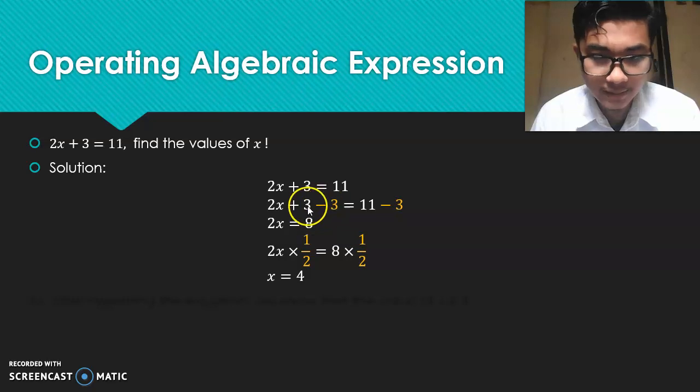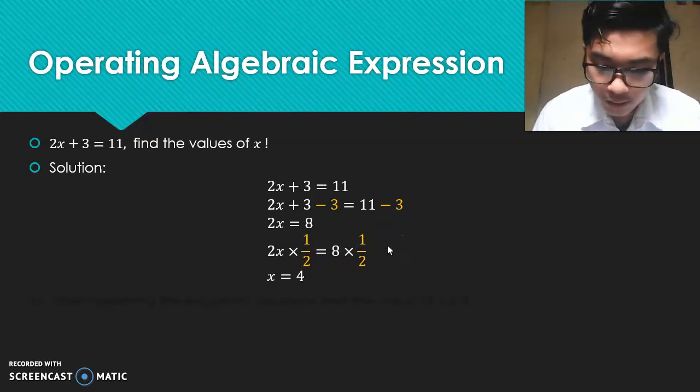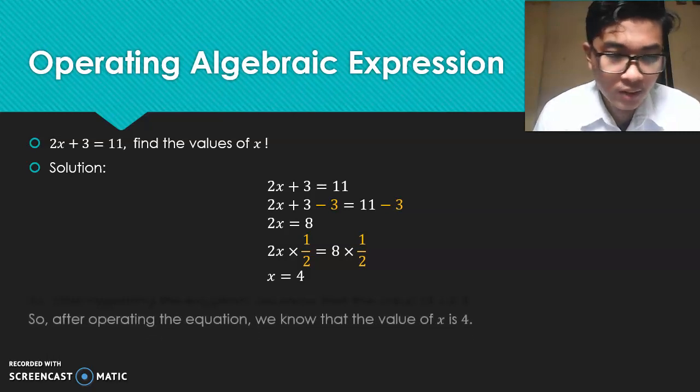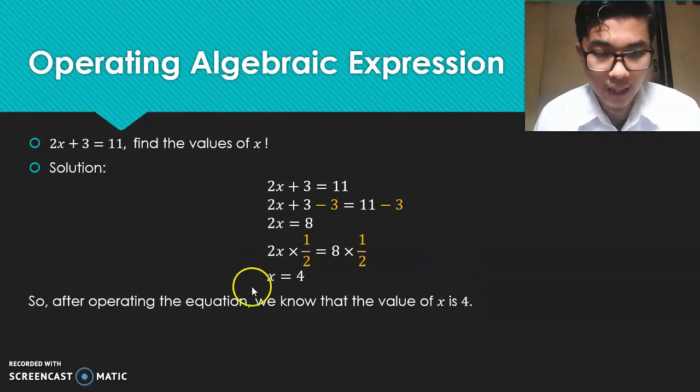It's 8, and then to make it only x, we multiply both sides by a half. So 2x times half is x, and it equals 8 times half, which is 4. Half is divided by 2, so you can say that 8 divided by 2 is 4. So after writing the equation, we know that the value of x is 4.